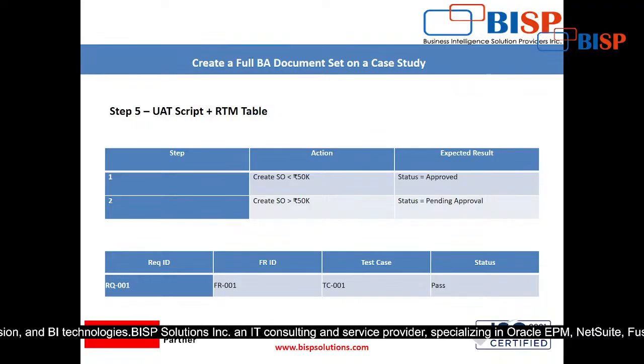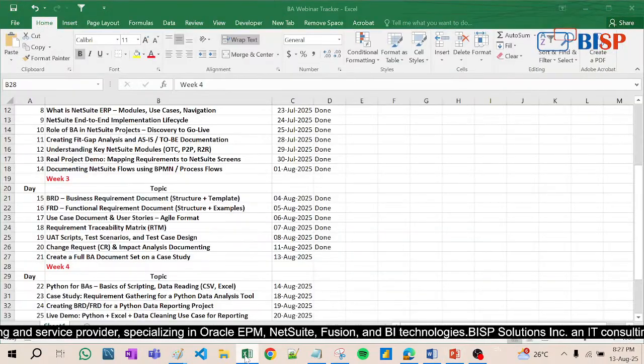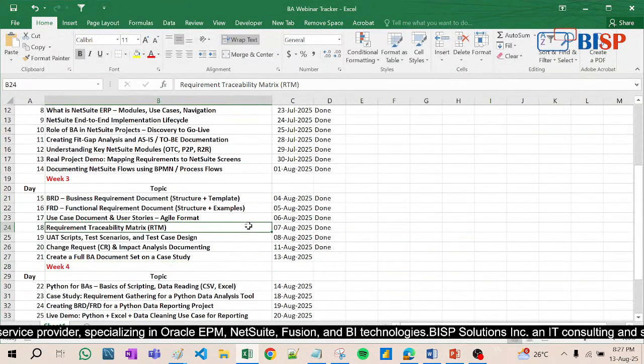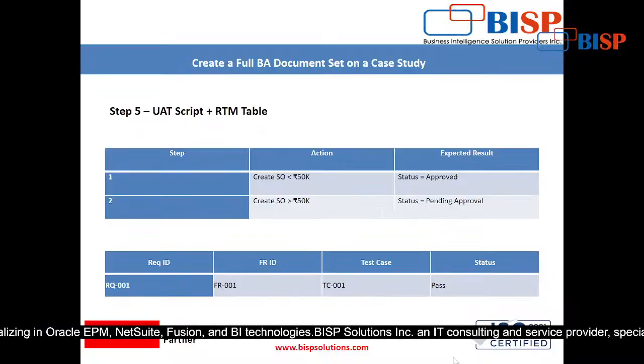See, in our step 5 we have to do the UAT script. We have to write down the UAT script, and here is our requirement traceability matrix table. We have also discussed the requirement traceability matrix in our sessions, so you can go through that session also. Now see, UAT and the RTM table.